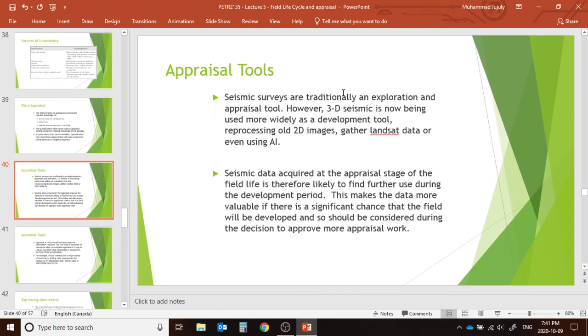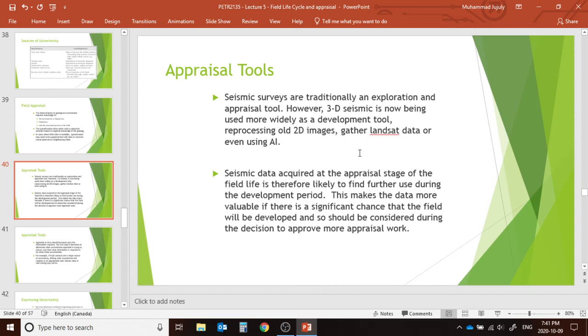Or if we already have the 3D seismic survey, then we should analyze that data even more rigorously, or reprocess the old images using Landsat data, or even take help of artificial intelligence to get more accurate information on that.